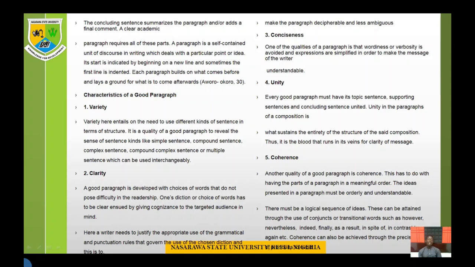The next one is unity. From the word unity, every good paragraph must have its topic sentence, supporting sentences, and concluding sentences united. Unity in paragraphs of a composition is what sustains the entirety of the structure of the said composition.